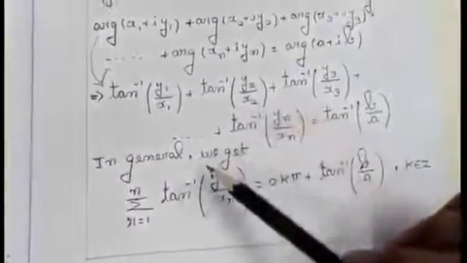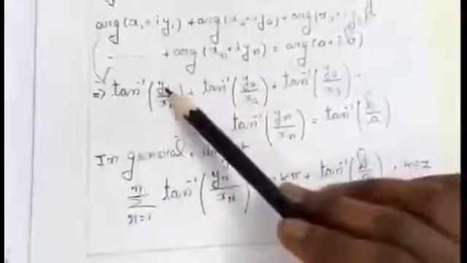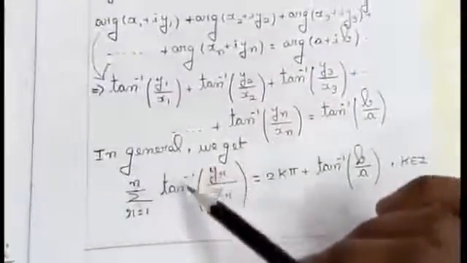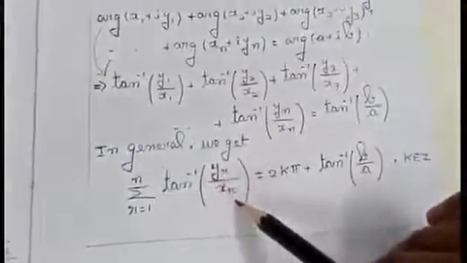The left hand side is in the form of addition, and addition can be written as summation from 1 to n. That is, summation r equal to 1 to n of tan inverse of yr by xr equals 2k pi plus tan inverse of b by a, and that is the final answer for the second part.